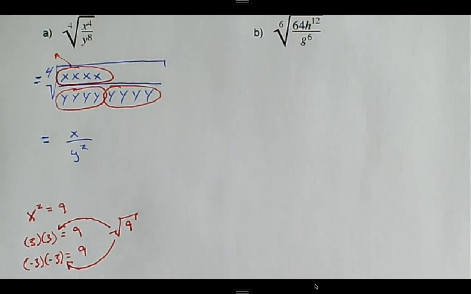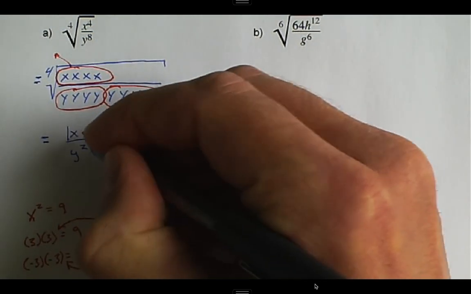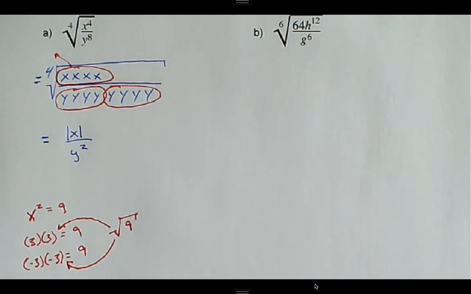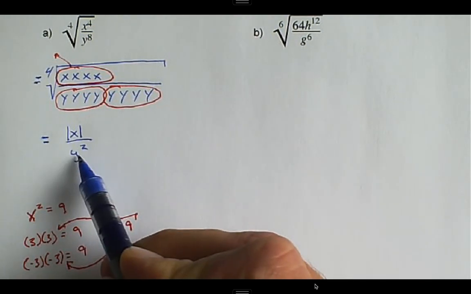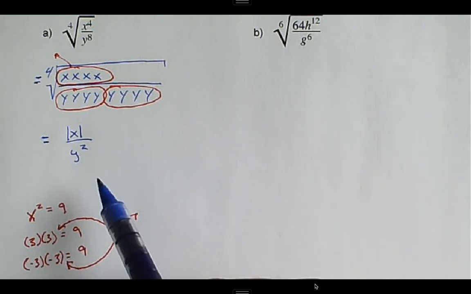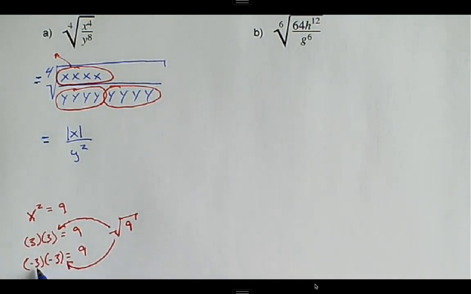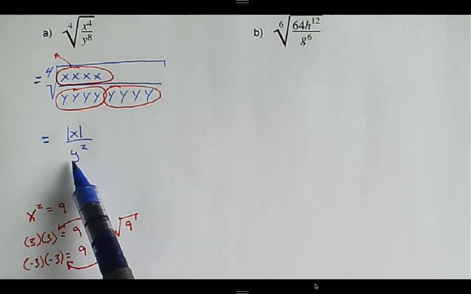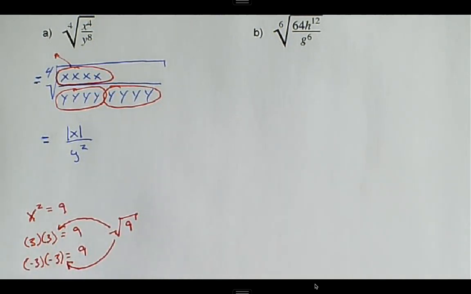And the way that we do that is we use the absolute value sign. So it could be the absolute value of x. Now, we don't care about the y squared, because negative 3 squared is 9 and 3 squared is 9. So whether y was negative or positive, it's not going to make a difference, because we'll have the same outcome of positive 9.